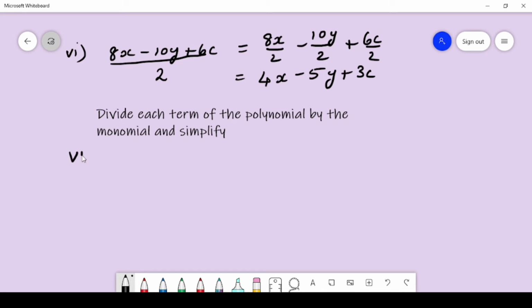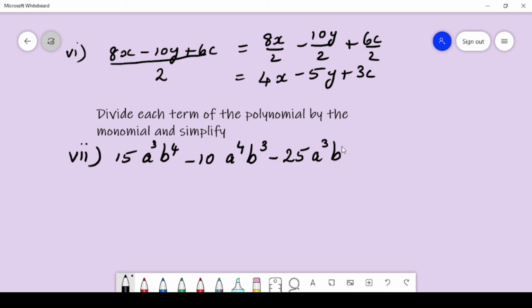So the seventh question: 15 a cube b raised to 4 minus 10 a raised to 4 b cube minus 25 a cube b raised to 6, whole divided by minus 5 a cube b square.